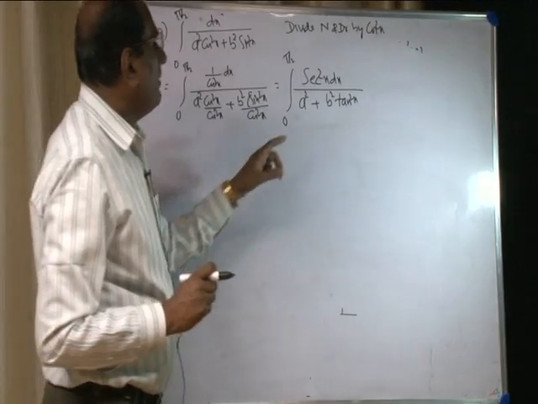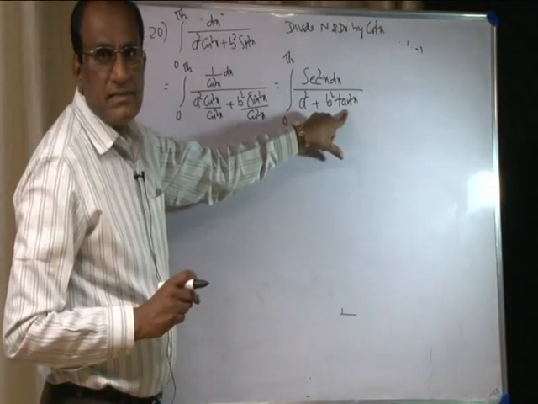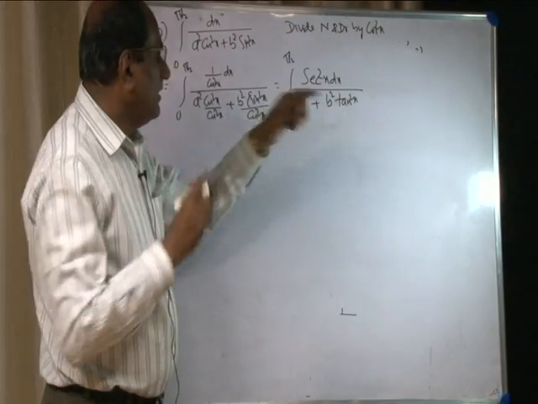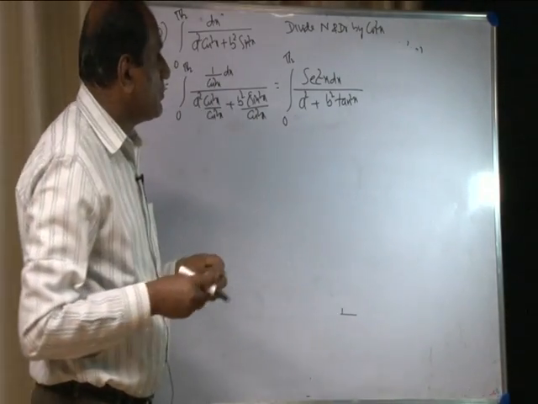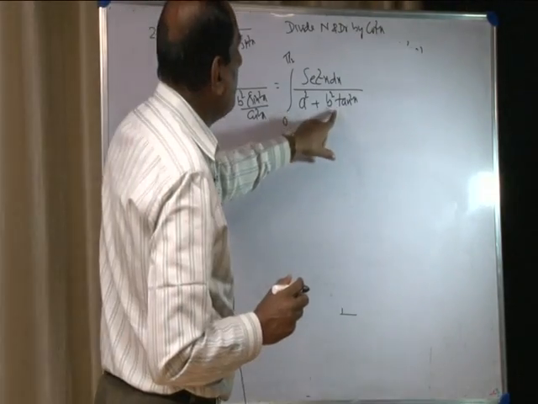Now, how to find the value of this integral by the substitution method? See here, b is a constant, so we can take the substitution for b tan x.